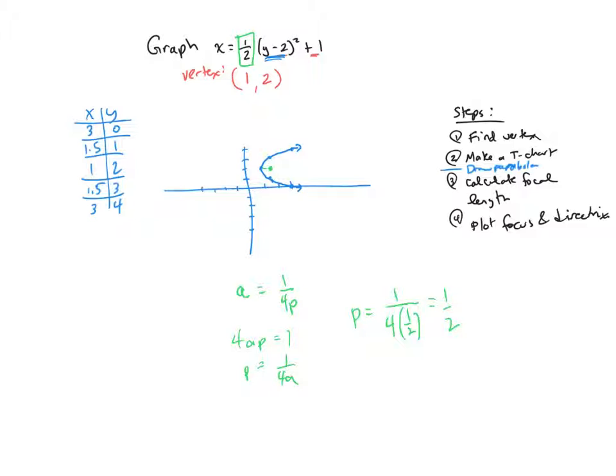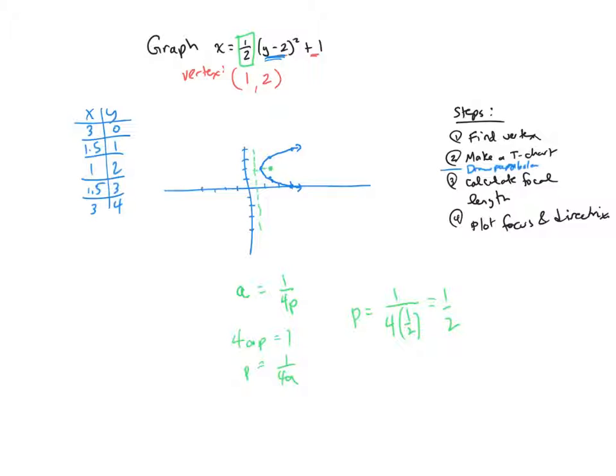And my directrix is going to be the opposite way, and it's going to be perpendicular to my axis of symmetry, the focal length away from the vertex. So here, my vertex is (1, 2), and I moved over to the right from that 1/2 to get to my focus.